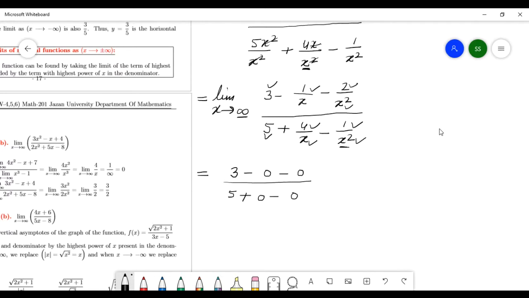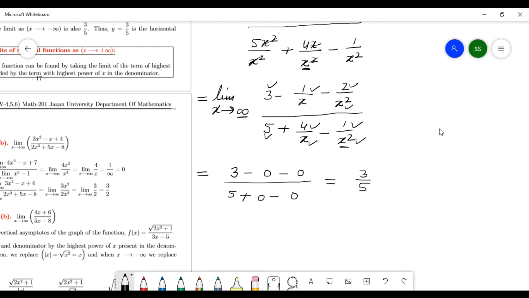All 0. Just remember, any number divided by infinity equals 0, right? It's equal to 3 divided by 5. This is the answer.